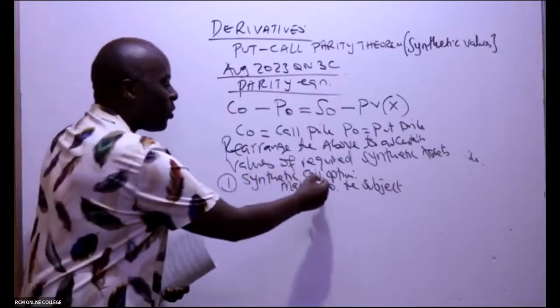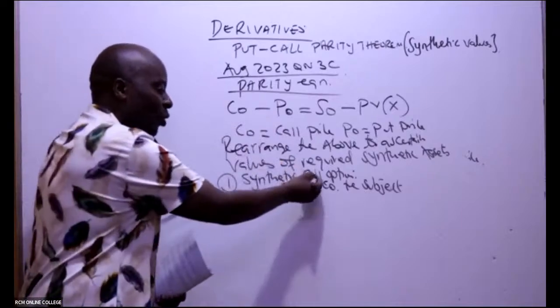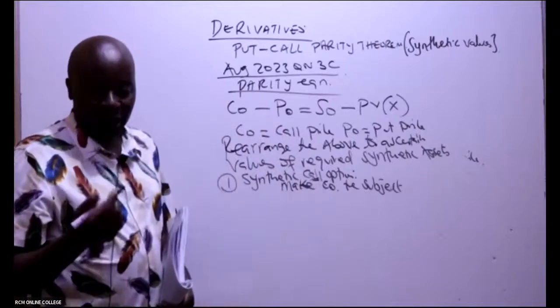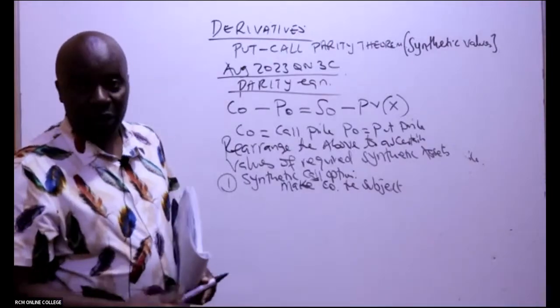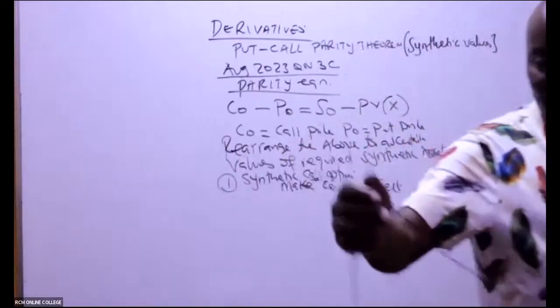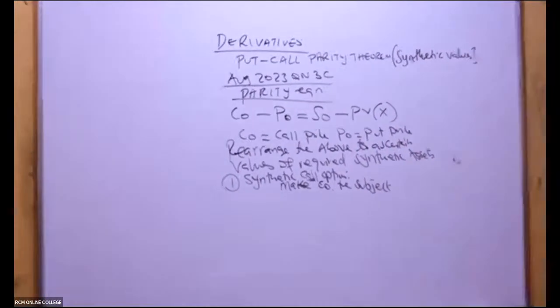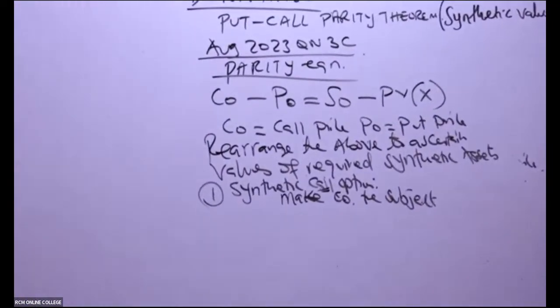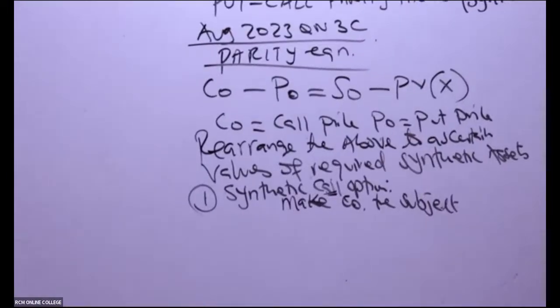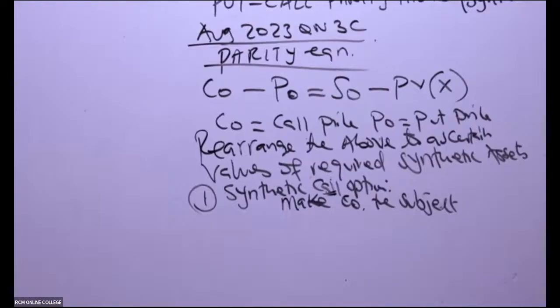From this parity equation, because they want the call option, you simply make CO the subject of the equation. Do we know how to make these things subjects of the equation, subjects of the formula?